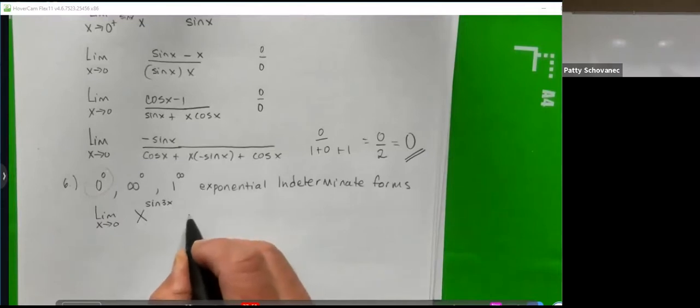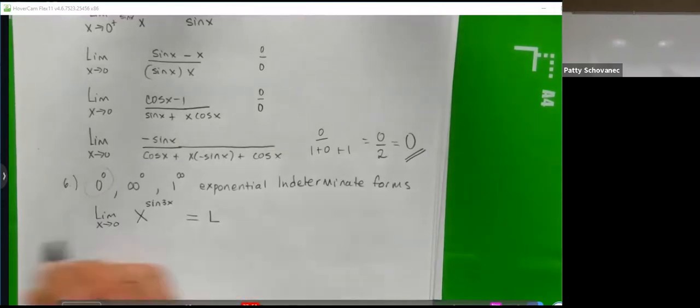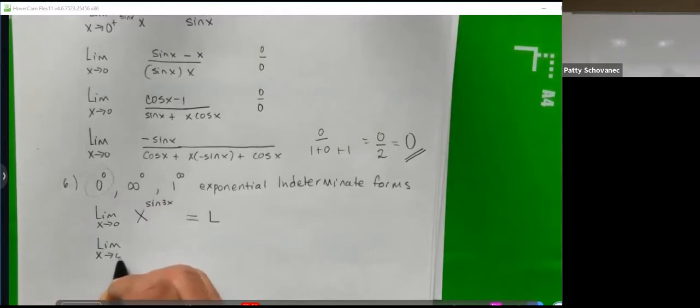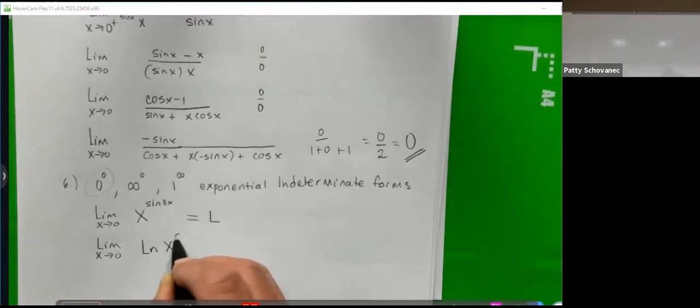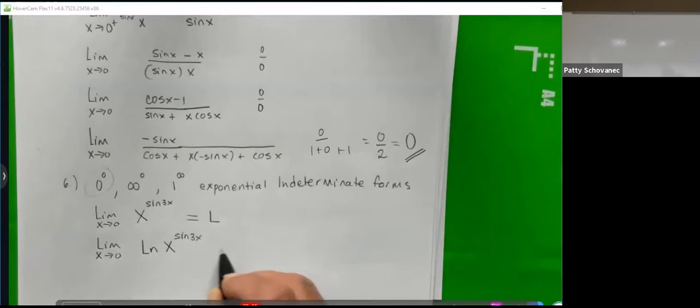We're going to take the natural log. First, I'll make an equation of this, and then I'm going to take the natural log of both sides. And we did that because the log of something to a power can be rewritten as the power times the log of the base.